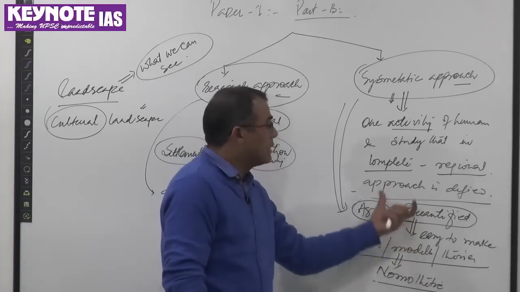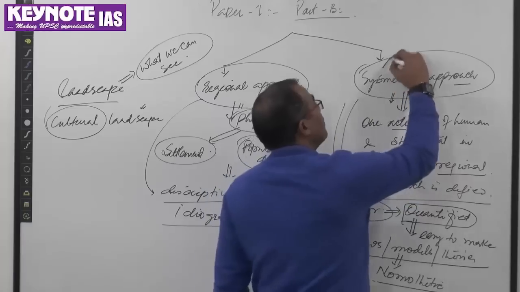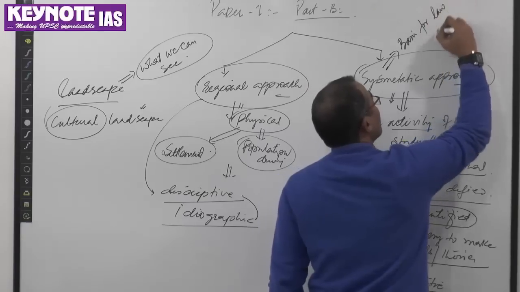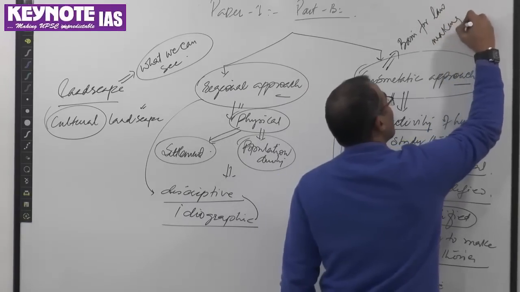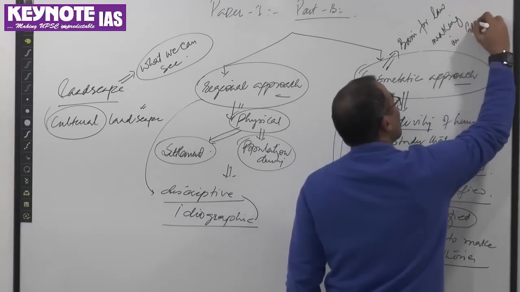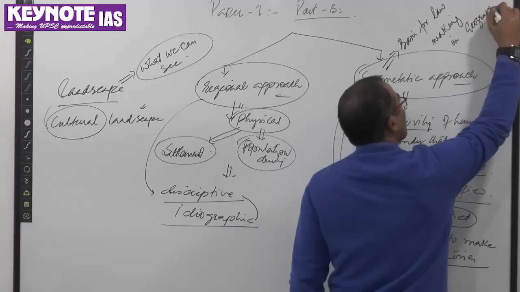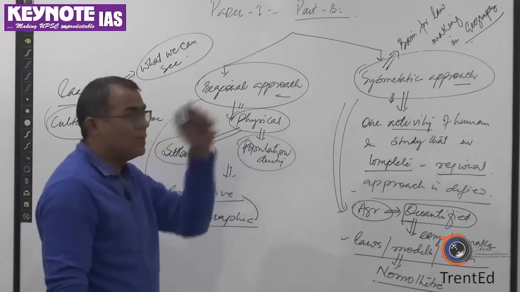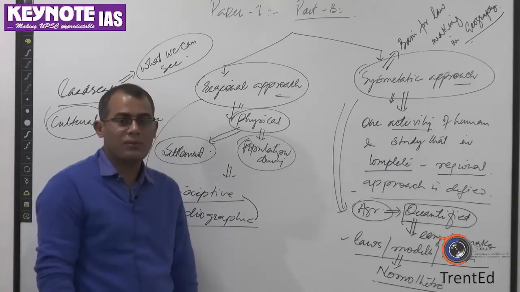And that's how it is. The systematic approach has been the basis for law making in geography. Now there will always be a conflict between these two.